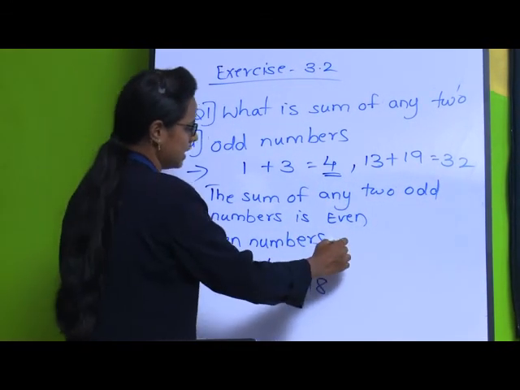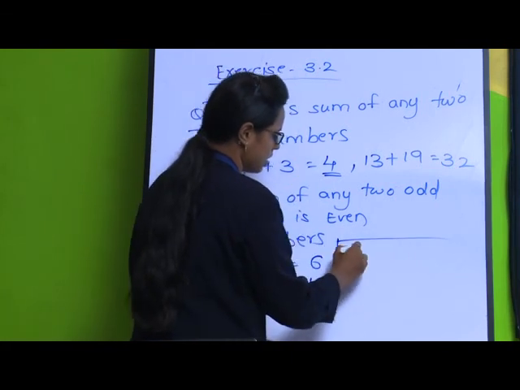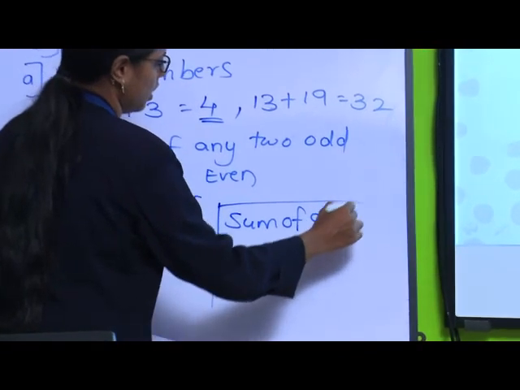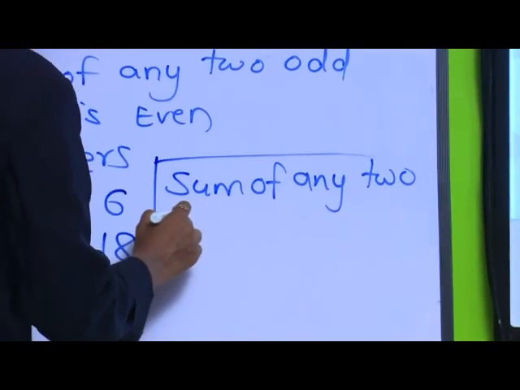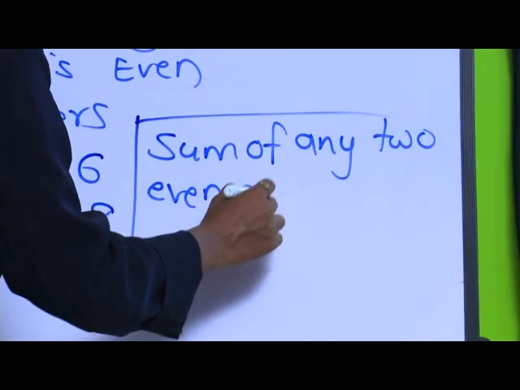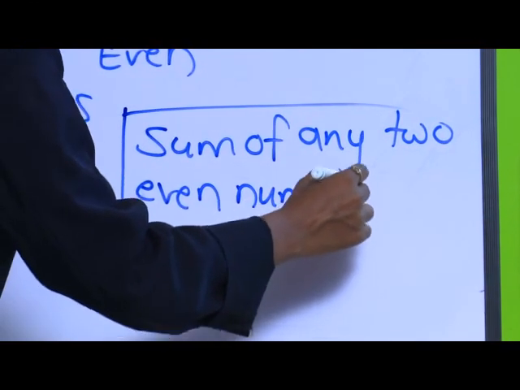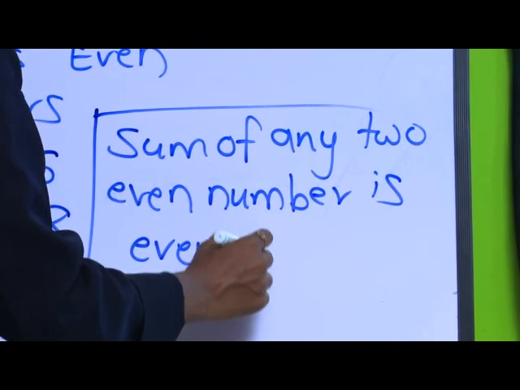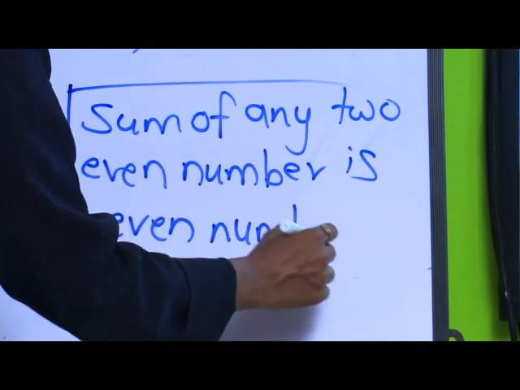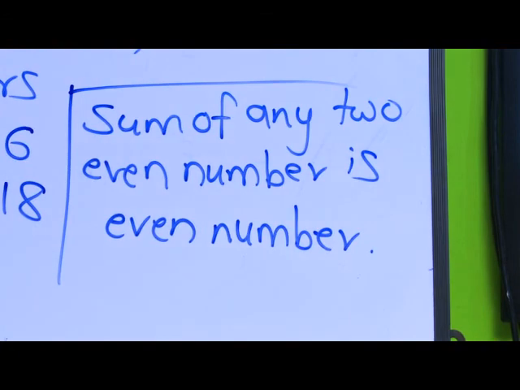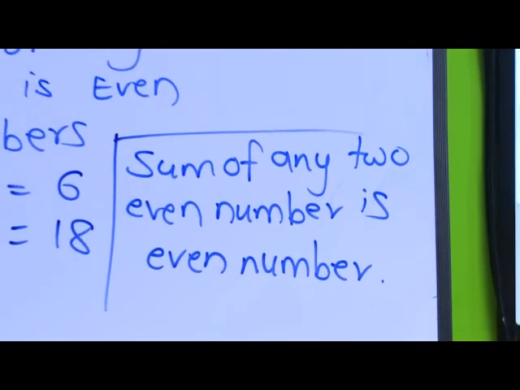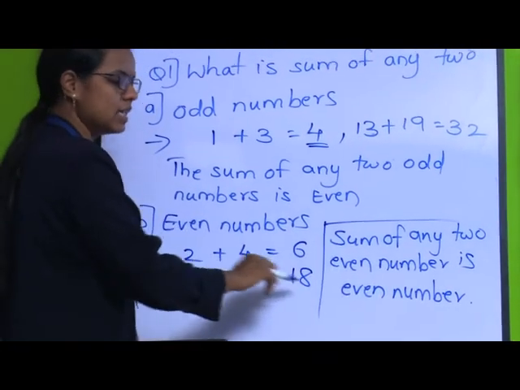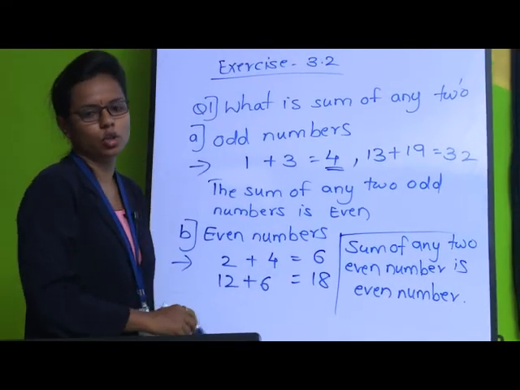So the answer is: the sum of any two even numbers is even. So we have found out that the sum of two odd numbers is even and the sum of two even numbers is also even.